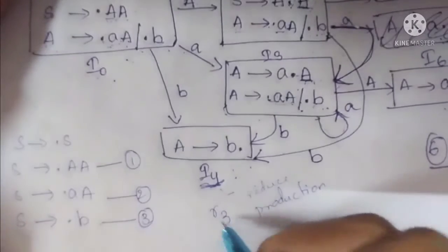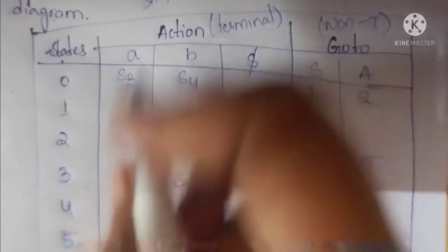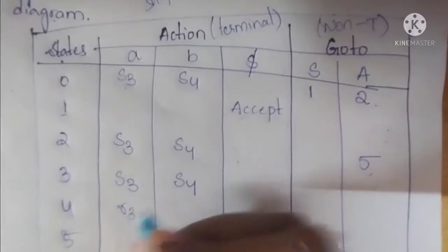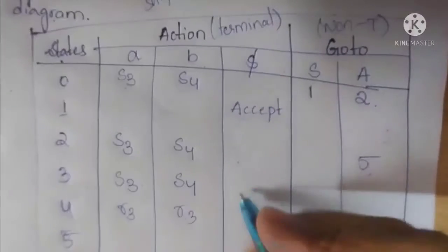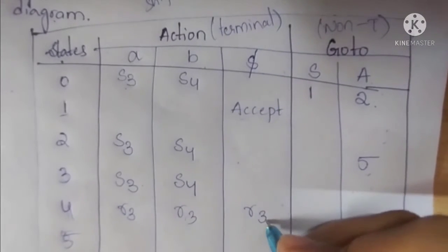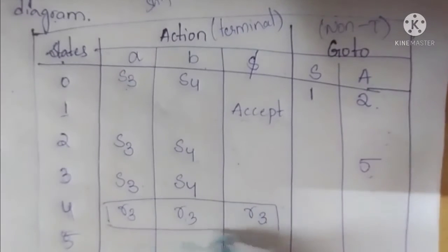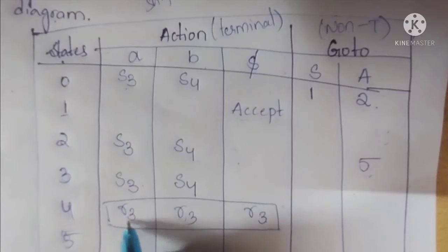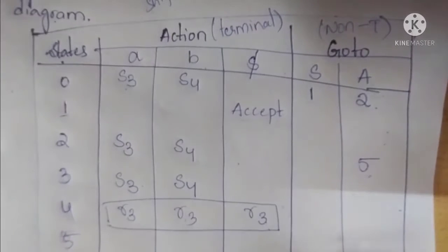You have to write R3 in the I4 A position, R3 in the I4 B position, and R3 in the I4 dollar position also. That means in the LR0 table you have to write the reduce operation with the same numbering in the complete row, in the action columns.